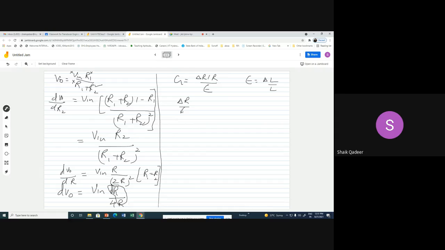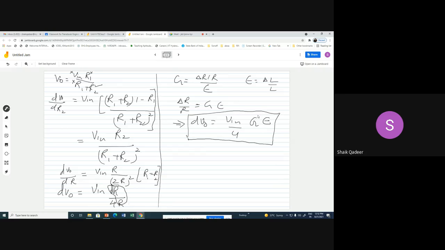Delta R by R is equal to G into epsilon, right? Therefore, small change in output voltage can be written as V by 4 into G into the strain value. So this is the relation we can use between the change in output voltage and the applied strain.